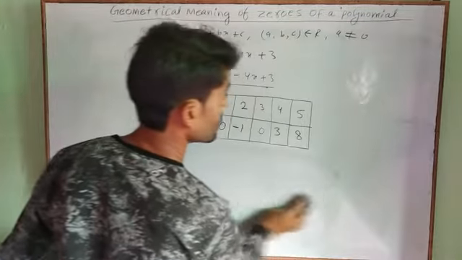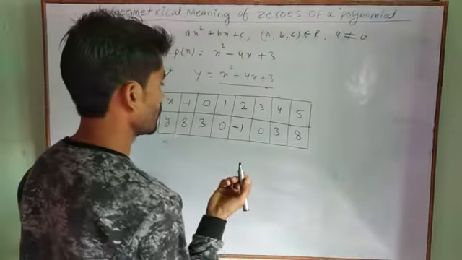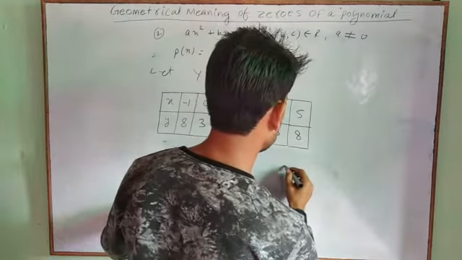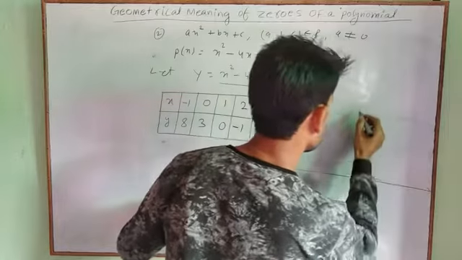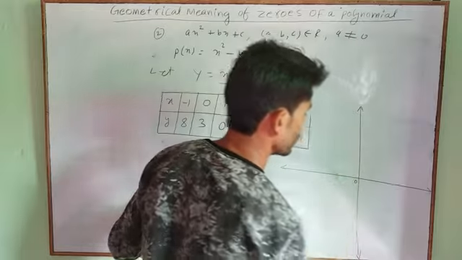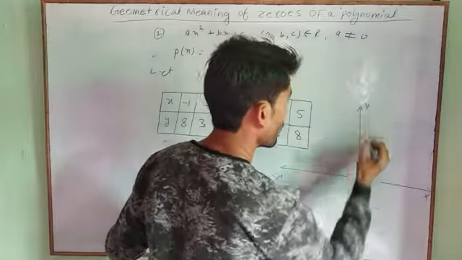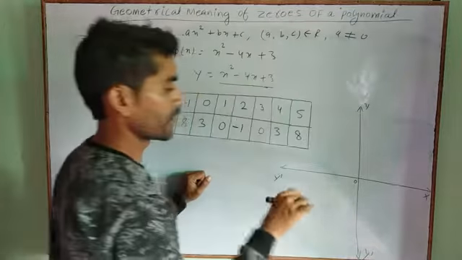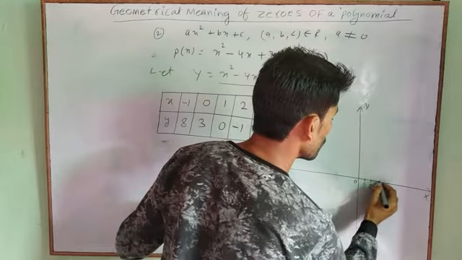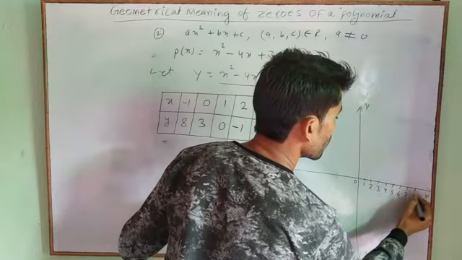Okay. See the graph here. I will draw a little bit smaller because there is no proper place. So this is the origin, x, x dash, y, y dash. To the right of 0 we take positive values of x, that is 1, 2, 3, 4, 5, 6, 7, 8.